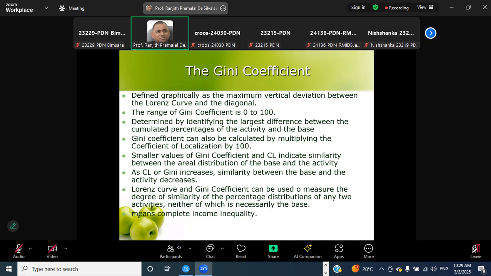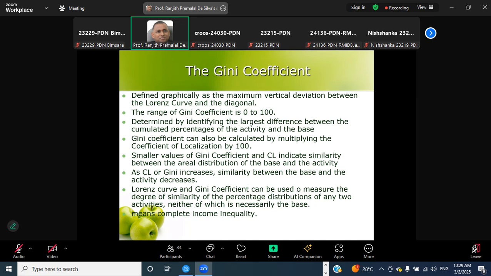Smaller values of the Gini coefficient and coefficient of localization indicate similarity between the areal distribution of the base and the activity. So if the values are small, it shows very close equality between these two. If the coefficient of localization or Gini coefficient increases, similarity between the base and the activity decreases.